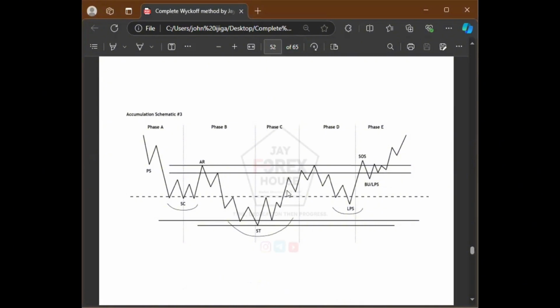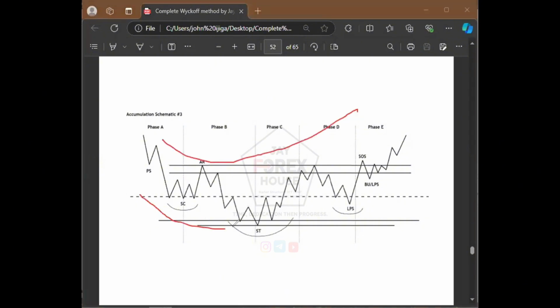Phase C is where we see the end of the accumulation of the retail traders. Phase C mostly comes in with a retest of the newly created direction the schematic will be heading. For example, on this, we have an accumulation. So this is an uptrend.